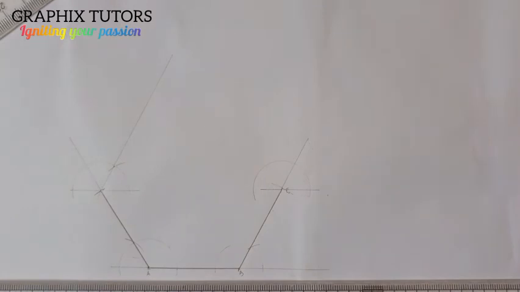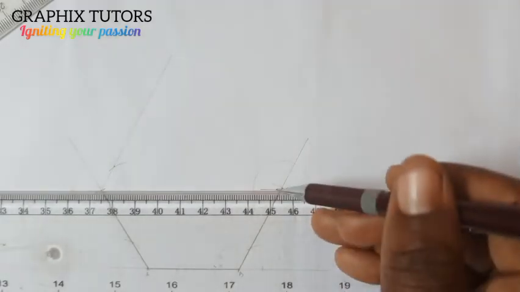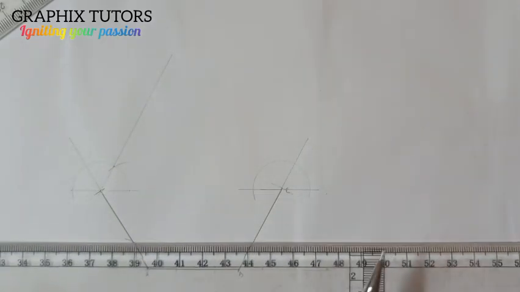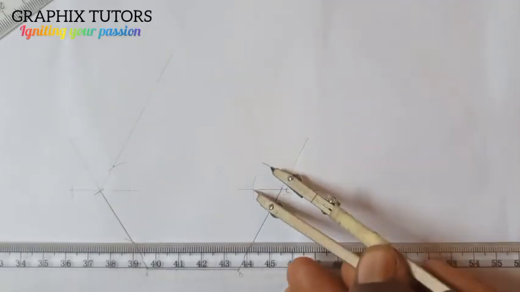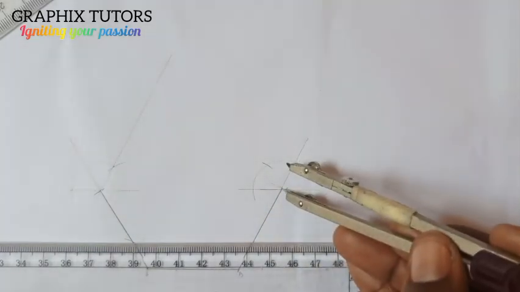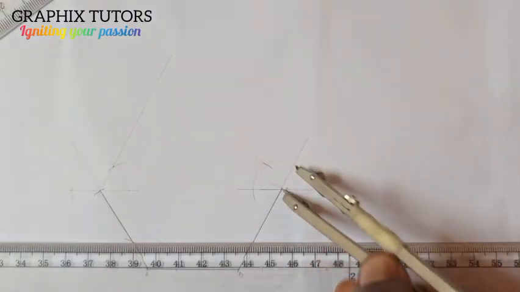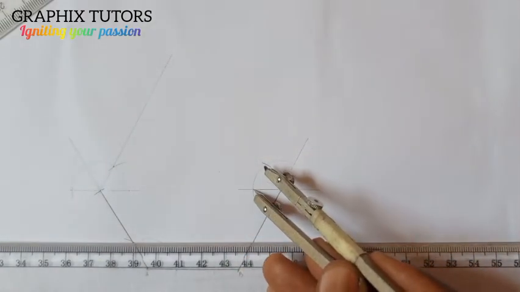I will do the same thing here also, where it cuts the horizontal axis here. I will place it at this point. I also draw an arc to cut it here with the same radius. The radius I use to draw my semicircle, where it cut the horizontal line, I'll place my compass there.